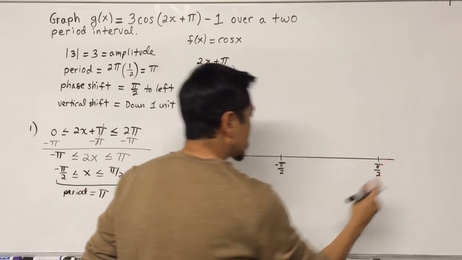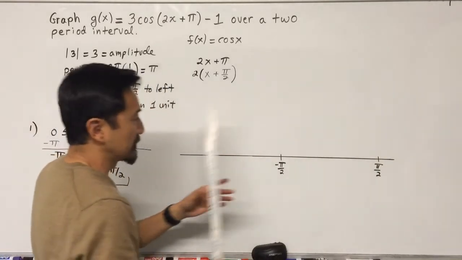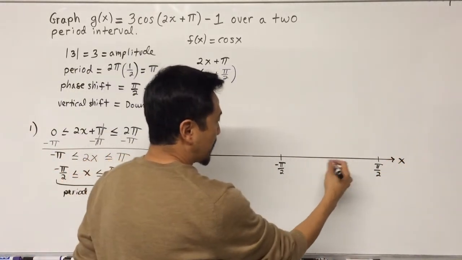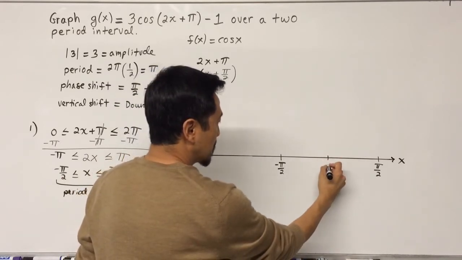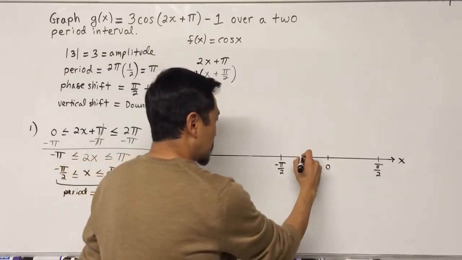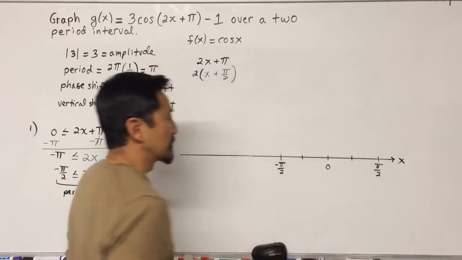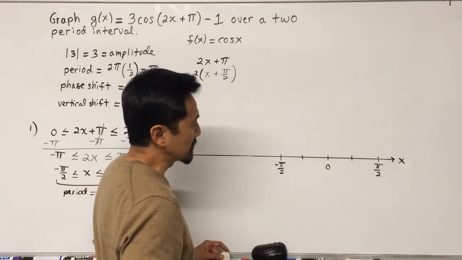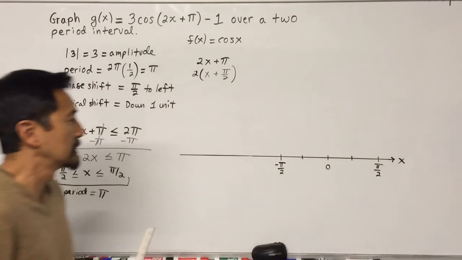The right endpoint is pi over 2. Okay, so I'm placing this interval here on my number line. Now, I'm going to divide that number line up into 4 equal parts. So 0 is the average between those endpoints, and then there's another intermediate value here, and another intermediate value there. Okay, I think that you would agree that if we wanted to go find them, that would be pi over 4, and that would be negative pi over 4.